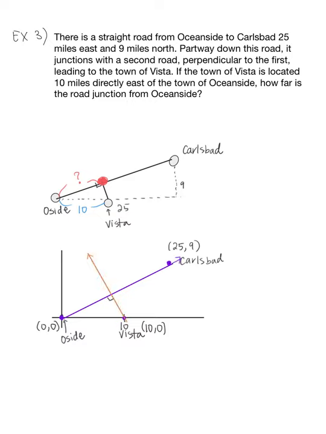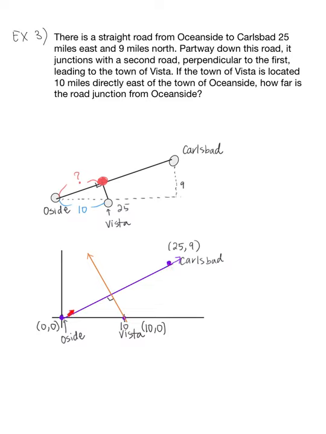Now notice that these two lines are intersecting at the junction. And we just learned how to compute the intersection between two lines. Also, look at it. Since these two lines are perpendicular, their slopes must be the negative reciprocal of each other.